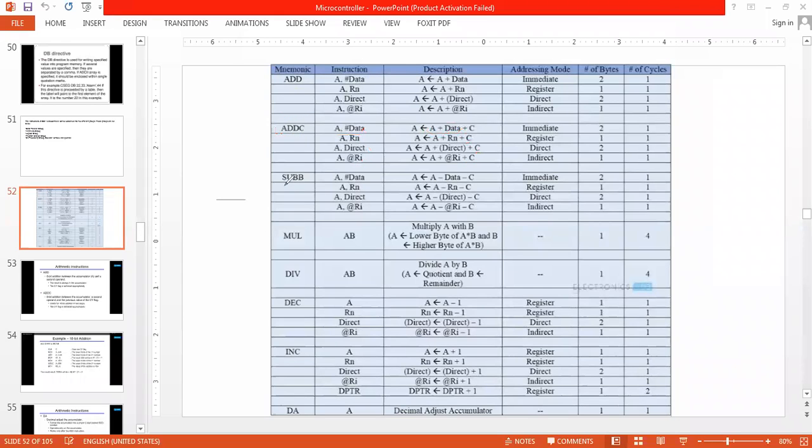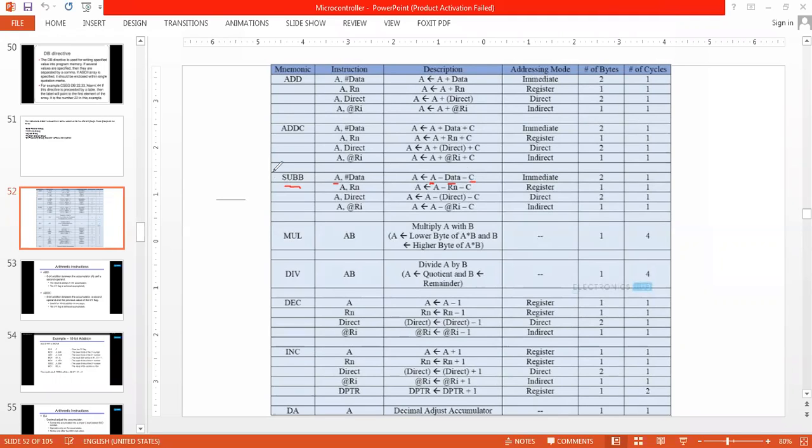So in the similar way, SUBB, right? Subtract with borrow. A is compulsory in the destination: A comma data, A comma Rn, A comma direct, A comma @Ri. So what will happen? A minus the data given minus C. So the carry flag bit is going to be subtracted here.